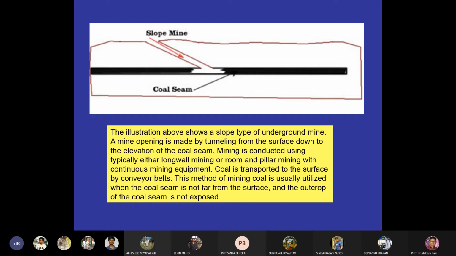Mining is conducted using typically either longwall mining or room and pillar mining with continuous mining equipment. Coal is transported to the surface by conveyor belts. This method of mining coal is usually utilized when the coal seam is not far from the surface and the outcrop of the coal seam is not exposed.